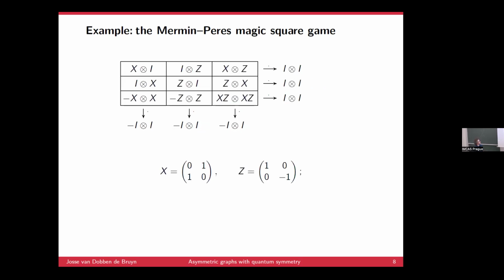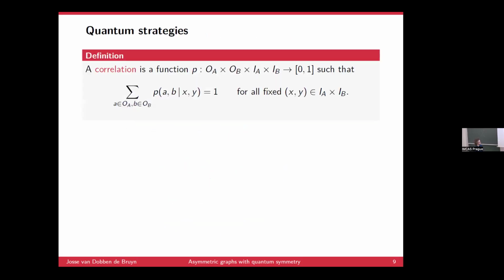where X and Z are the Pauli matrices. These are order 2 self-adjoint operators that anti-commute. The tensor product, I guess you know what a tensor product is.